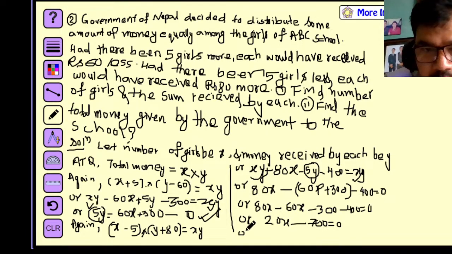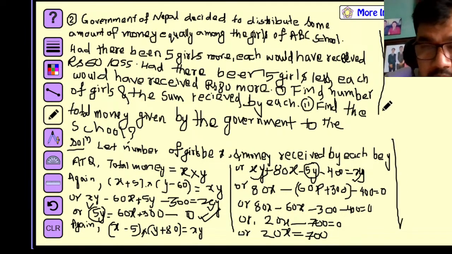And what will be on this side now? 20x equals 700. Then when 700 is transposed to this side, look what happens.